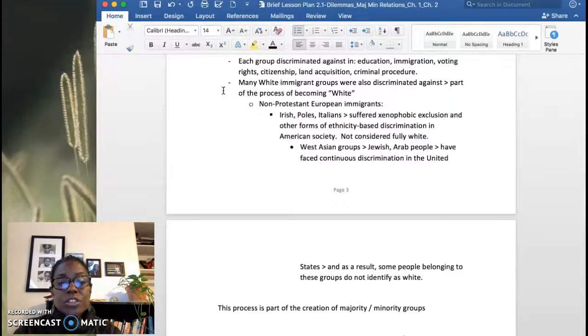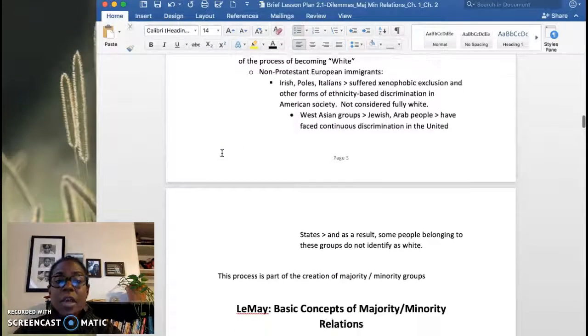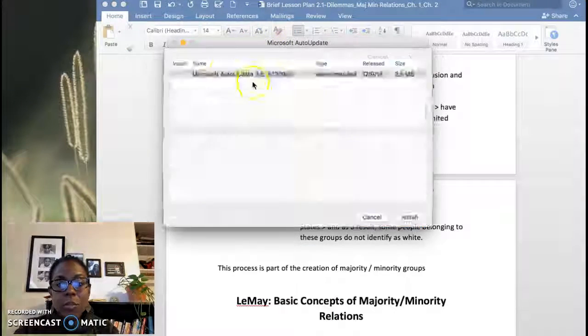It's just important to note that especially non-Protestant European immigrants, such as the Irish, the Poles, and the Italians, also suffered lots of exclusion, xenophobia, which means fear of foreigners or fear of strangers, and other forms of ethnicity-based discrimination. Because of this, or maybe as a result, they were not considered fully white. So we're going to talk about the process of creating whiteness.